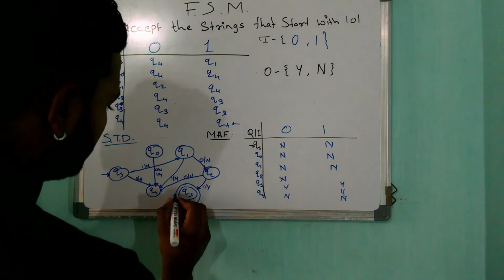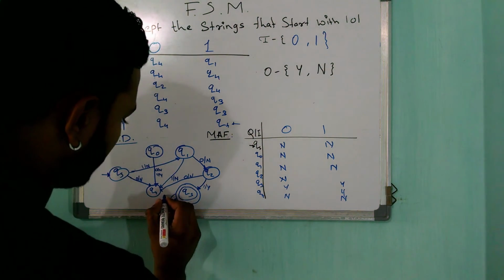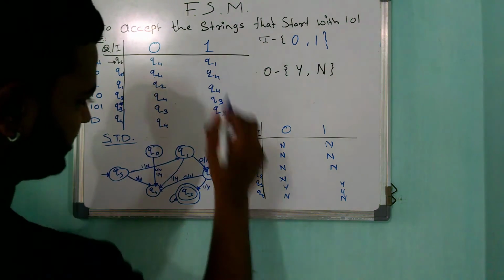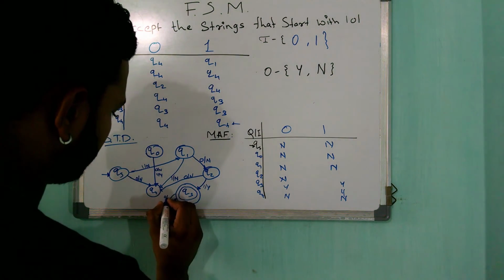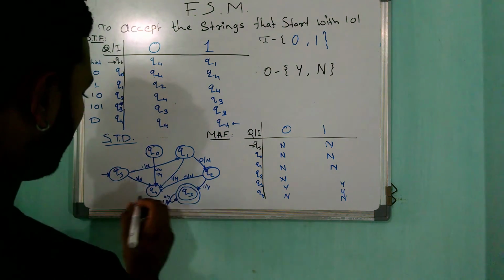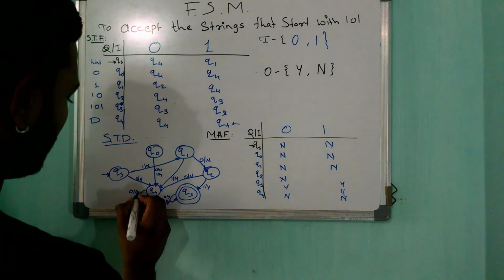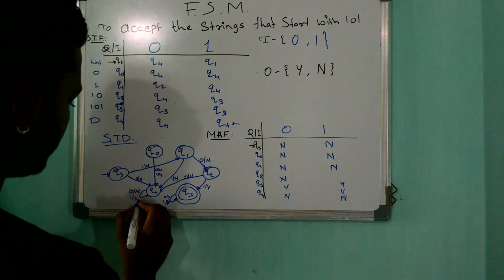And once you are in Q3, we have a self loop which will have both the values, 0/yes, 1/yes. And in Q4 the same self loop, 0/no, 1/no.